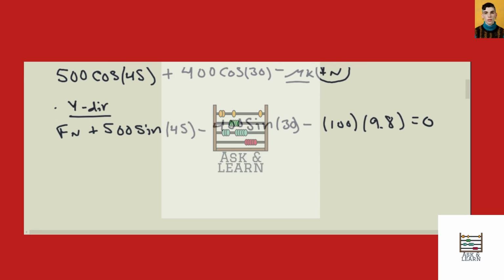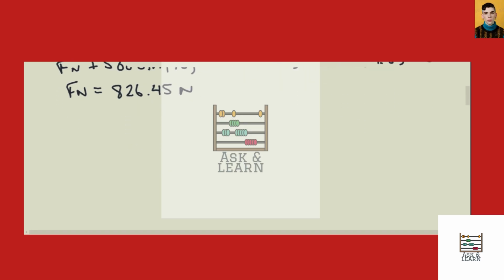So if you plug all this in, move it to the right side to solve for f of n, we have f of n is equal to 826.45 newtons. And now we can plug this back into the forces in the x direction.